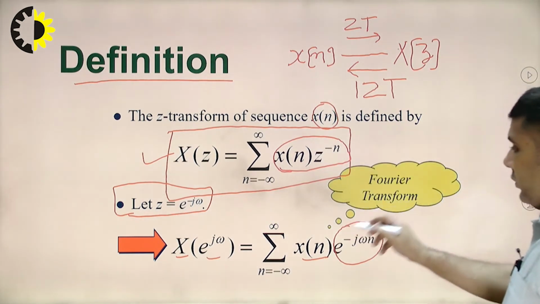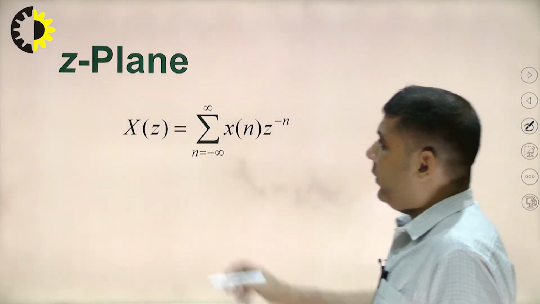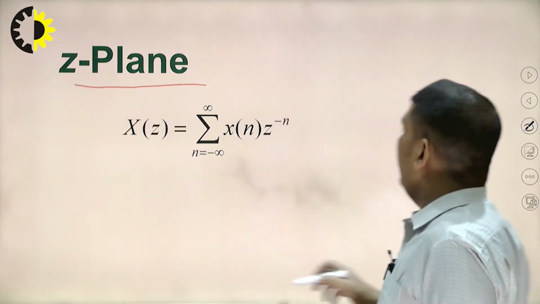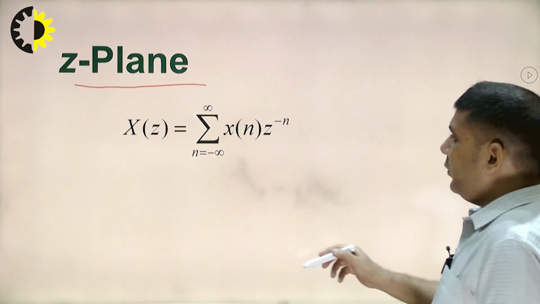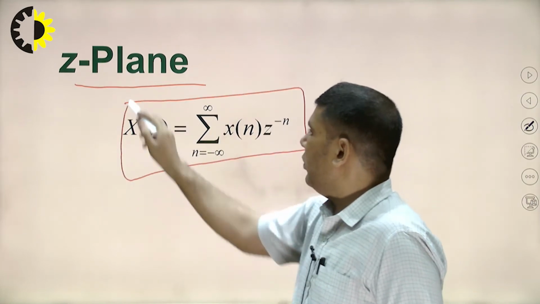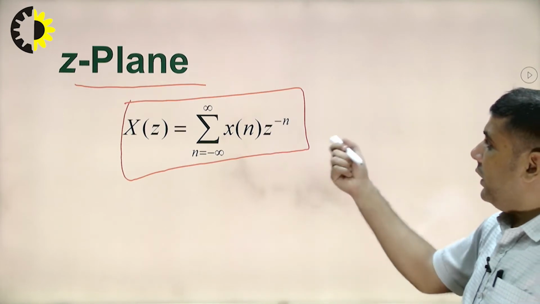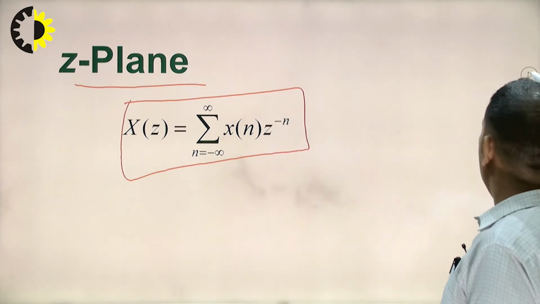So this is the Fourier transform. Basically the Z transform is defined on the Z plane. What is the generalized shape of the Z plane? This is the formula of the Z transform. Okay, students, the generalized Z plane will be like this.